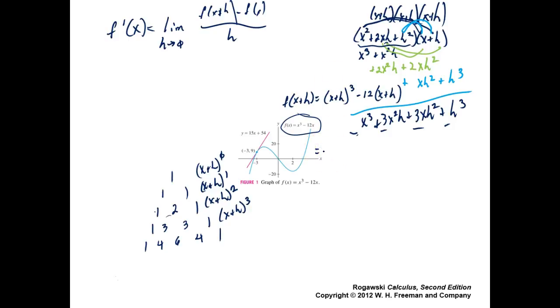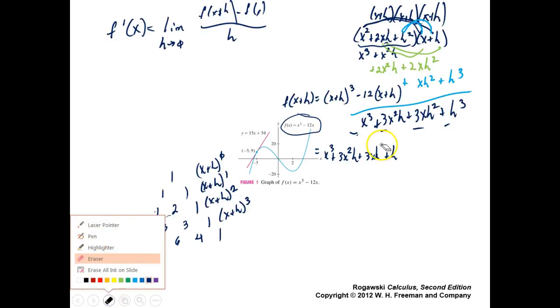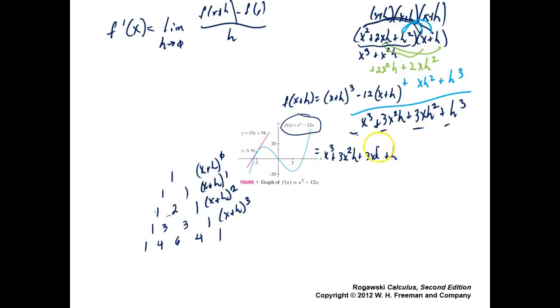X plus h would be x cubed plus 3x squared h plus 3xh squared and xh cubed.